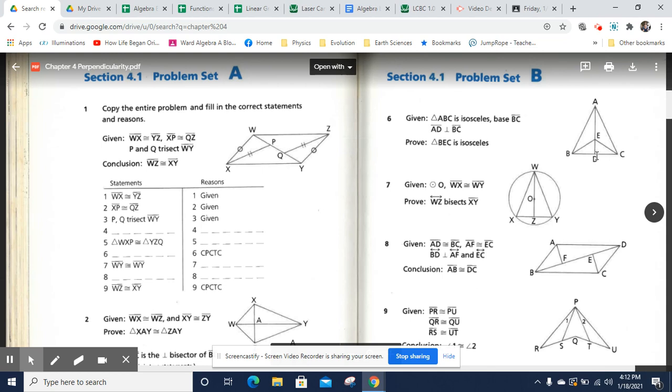Now, once we have that, we can prove that triangles BDE and CDE are congruent, and that'll lead us to the isosceles triangle by CPCTC. So by CPCTC, we know that BD is congruent to CD because these larger right triangles are congruent. And so now we have a side and a side.